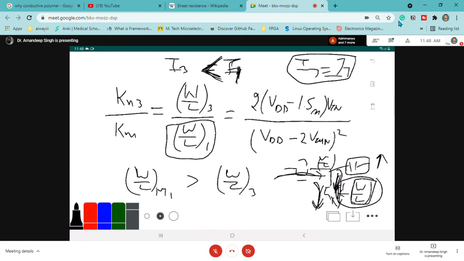What I mean to say is that I am replacing this equation with this one, such that when W by L goes in this direction, it will be greater. So this ratio should be maintained.